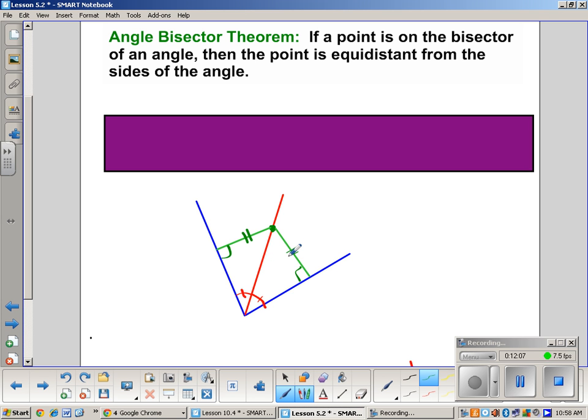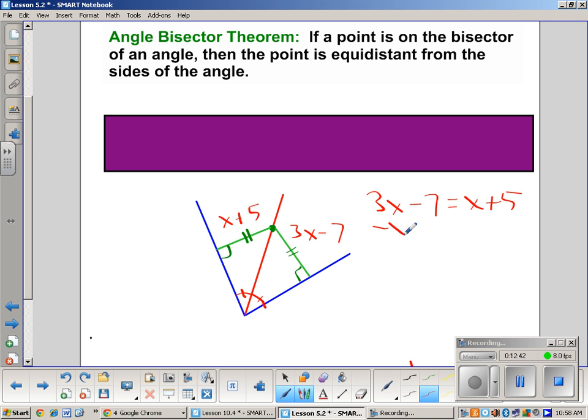So if I'm told that this distance here is 3x minus 7, and this distance over here is x plus 5, then we can find the value of x, and we can find the length. So what equation would I write? Okay, 3x minus 7 is equal to x plus 5.